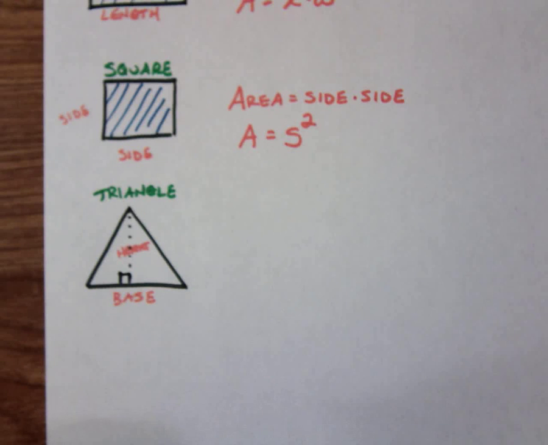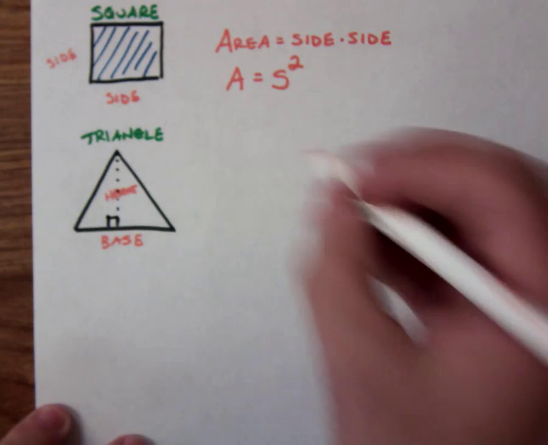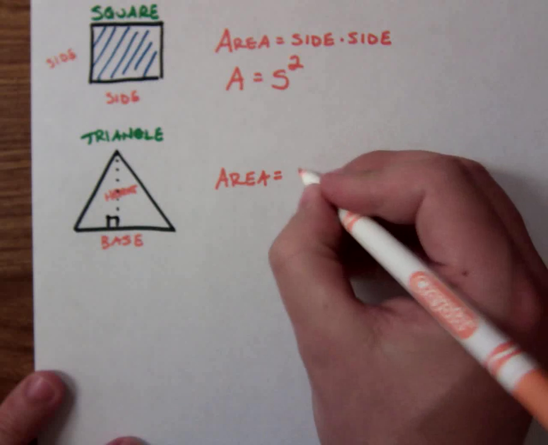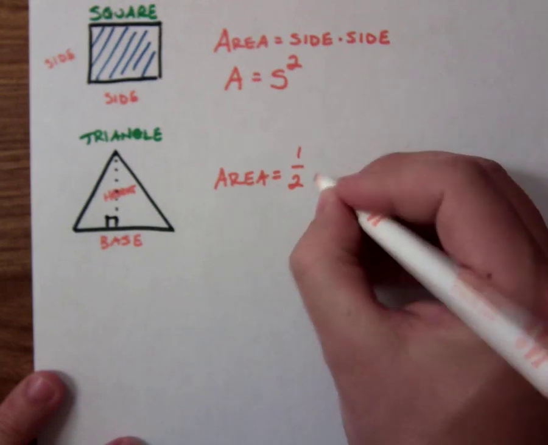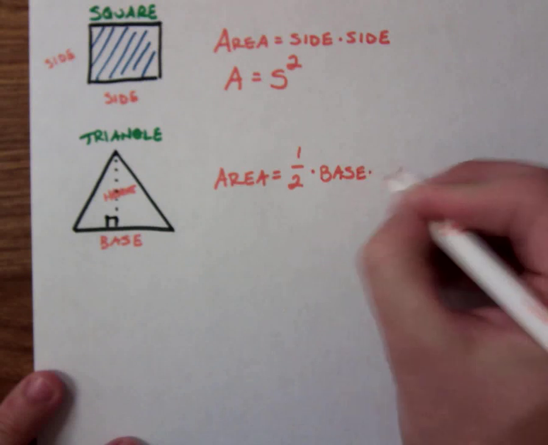And the reason we need to know those two sides, the height and the base of the triangle, is because the formula for the area of a triangle is half the base times the height.